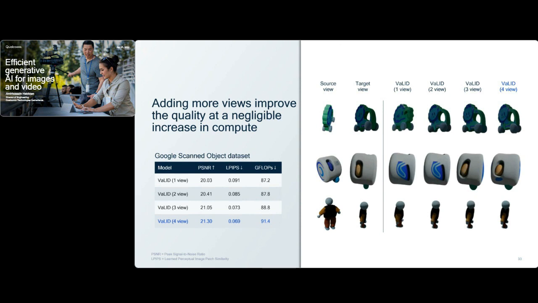And as we see on the left, by increasing just the number of views, the generation quality, both in terms of PSNR and LPIPS, improves. And the nice thing is that the overall cost, which we report in gigaflops here, is negligible when increasing the number of views. It's actually less than 4 or 5% of the overall cost when you double or even triple the size of your conditioning input.